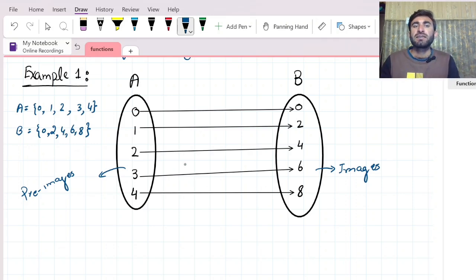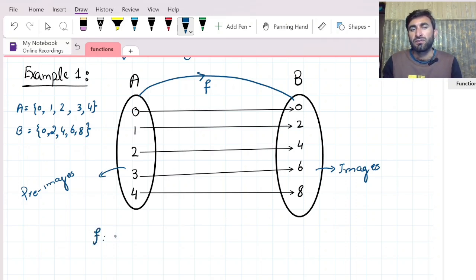We can see that there is a function between these two sets, and when there is a function, we can name it with f. It can also be named as g, r, h, etc. So I will write it as f from A to B is a function.